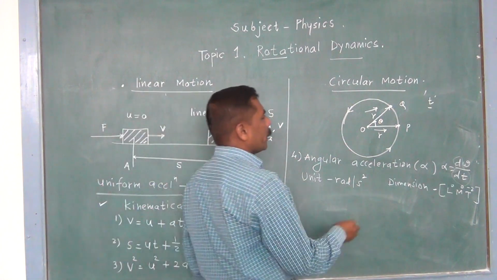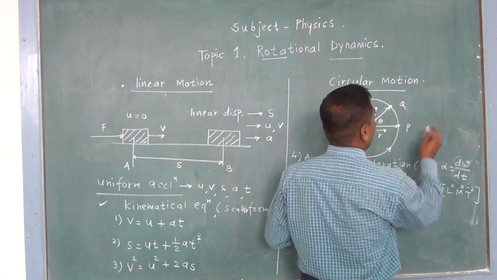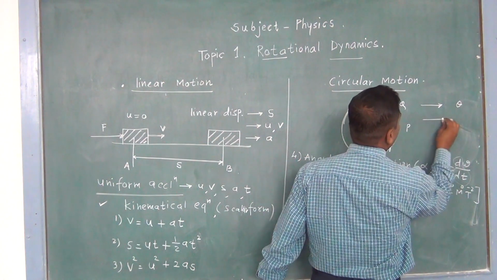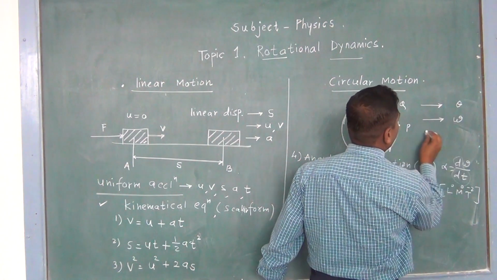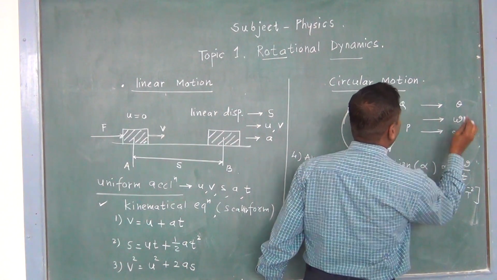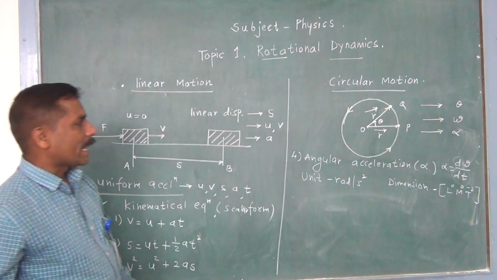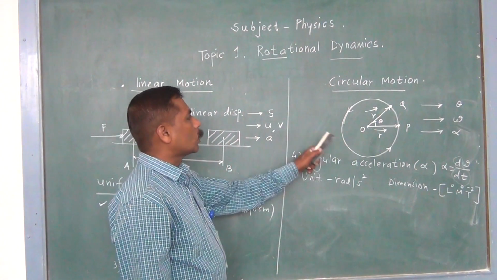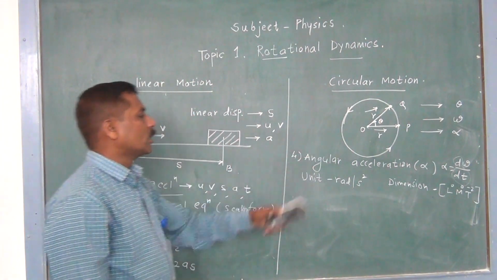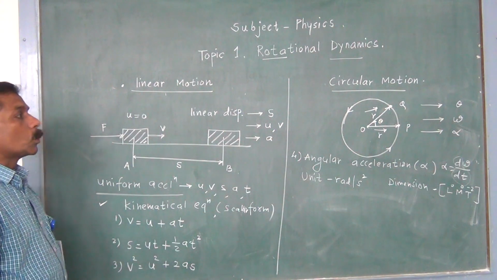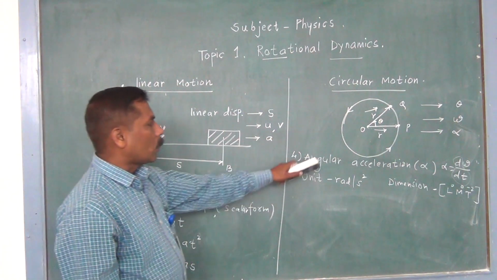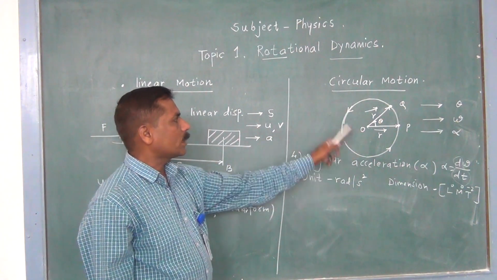You have to remember these notations: first angular displacement as theta, secondly angular velocity as omega, and thirdly angular acceleration as alpha. So you have to compare these two motions, due to which you will get these are two different types of motion. When we consider the above, this is the circular motion.